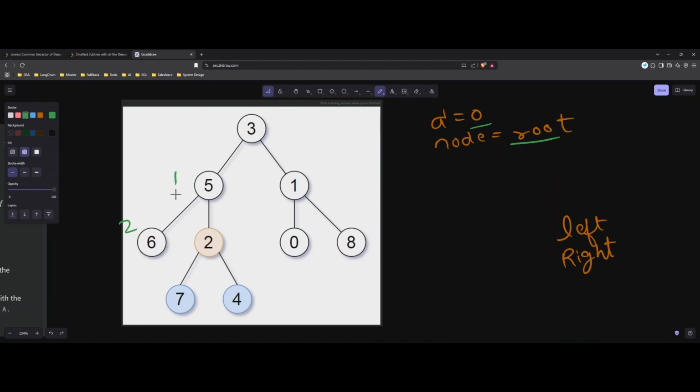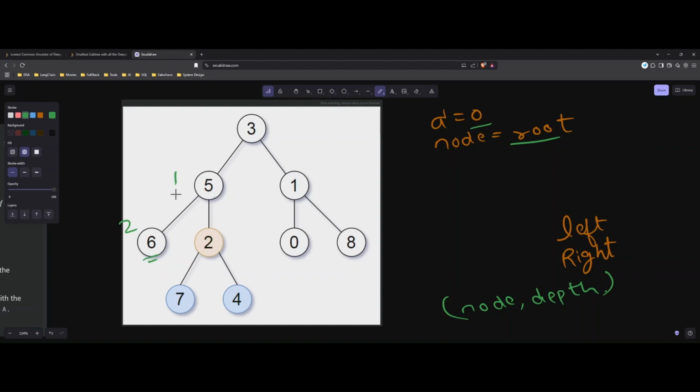Yes, they are equal, so we will return the node. Our node is 6, and the other thing we return is the depth. We have a depth of 2 with the node value as 6. We'll go to 5 and say that we have found something on the left. Tell me, do we have anything on the right?